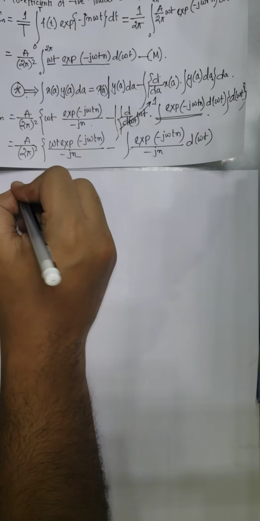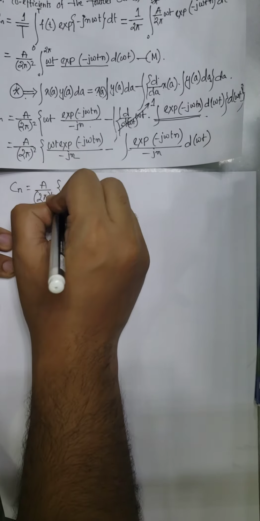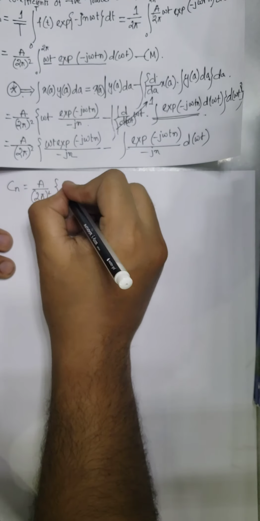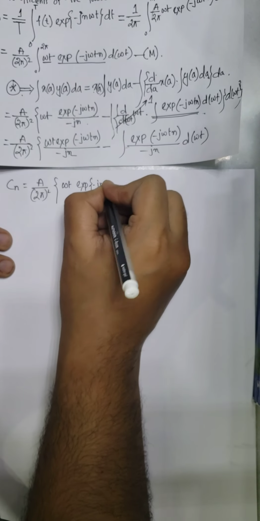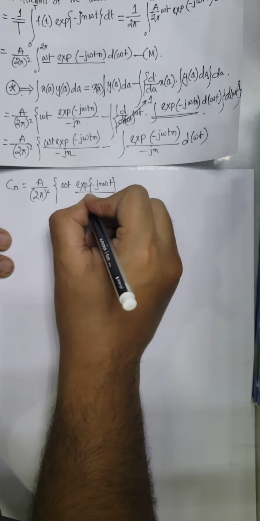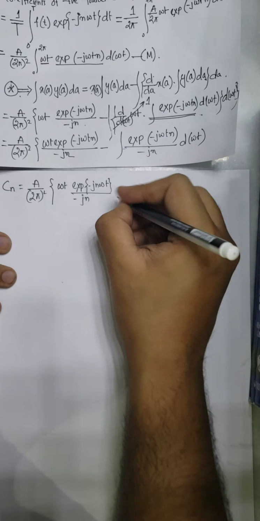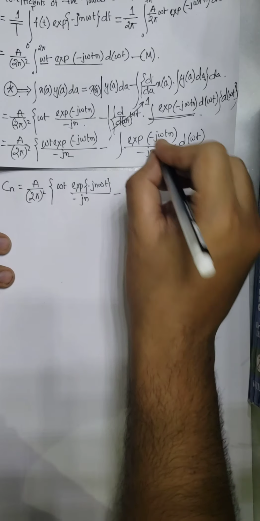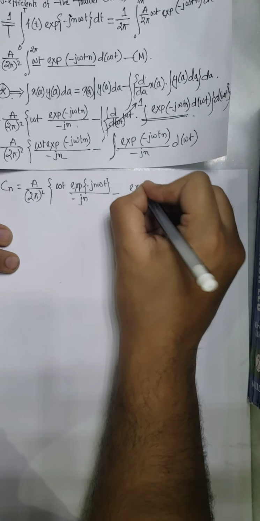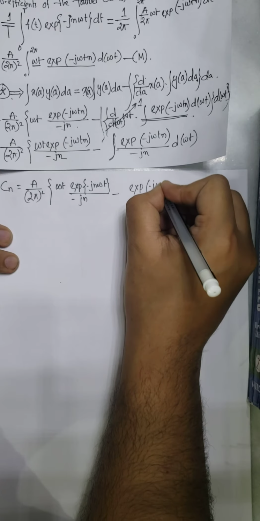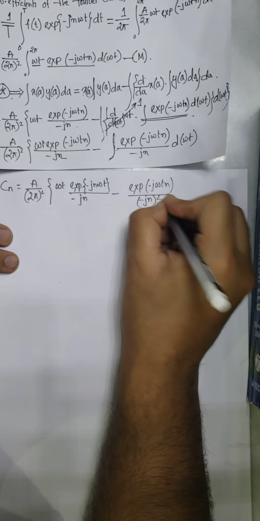Moving on to the next line, Cn becomes A over 2 pi squared, omega t e to the power minus jn omega t, which remains as it is, over minus jn, minus, again integrating this quantity, we get e to the power minus j omega t n over minus jn squared.